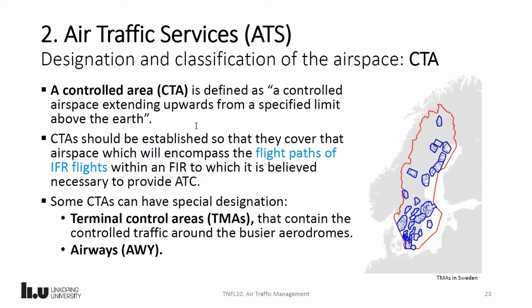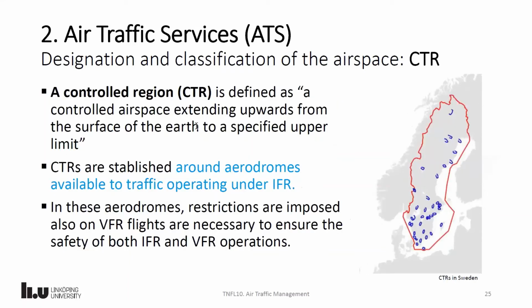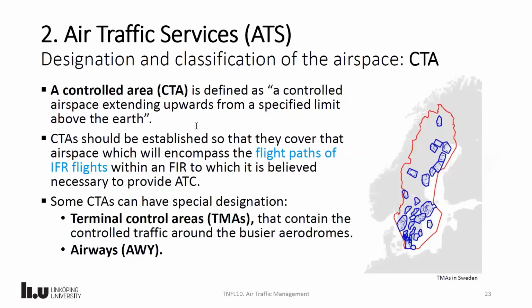And also we will have the control regions. So the control areas are defined as a controlled airspace extending upwards from a specified limit above the earth. That means that they are not from the ground, okay?